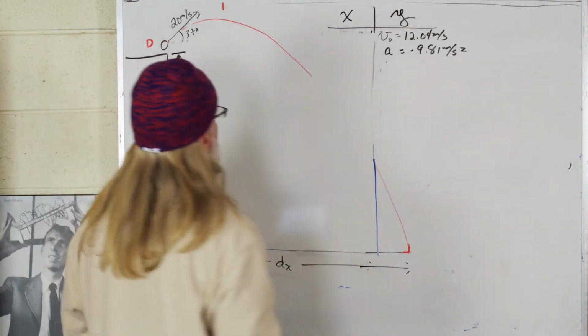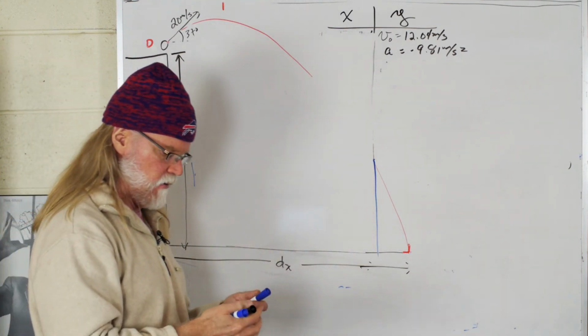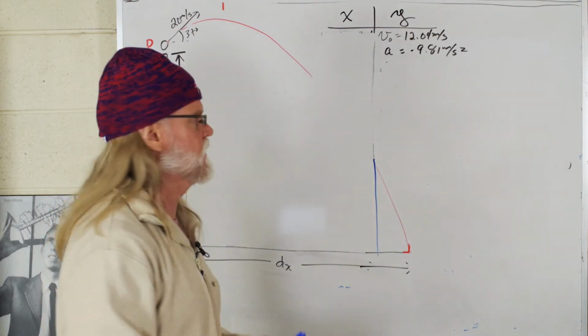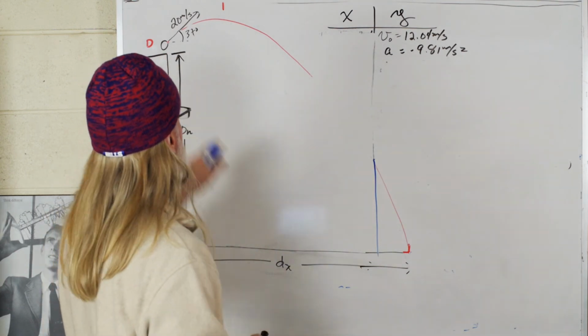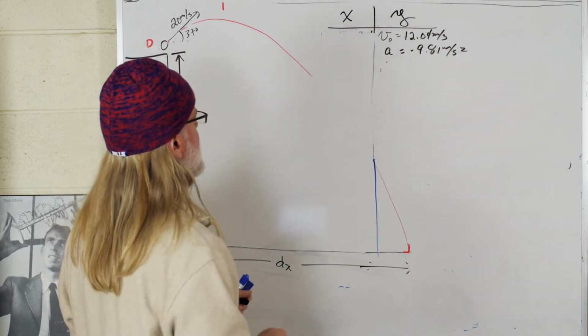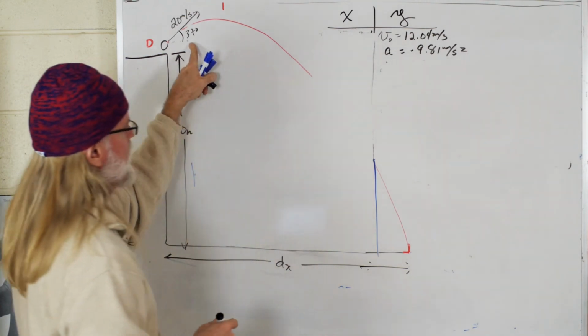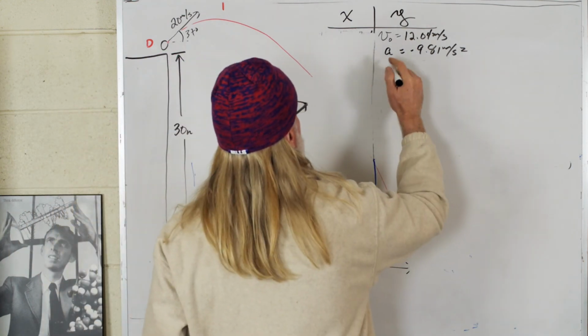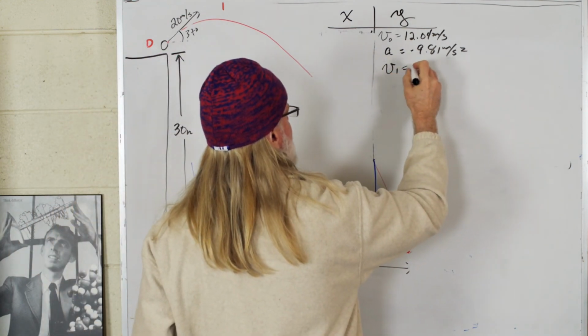I accidentally erased the X information, but I don't need it to figure out how high it goes above the edge of the cliff. I just need to know how fast it's going upward, and I still have my acceleration. When it gets to point 1, it's going to stop in the Y direction.